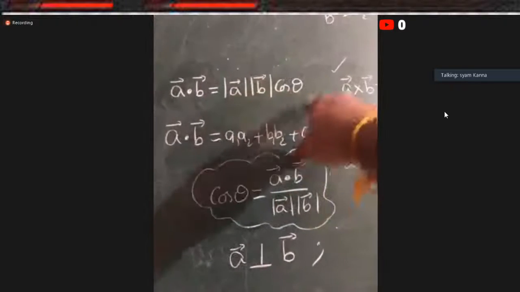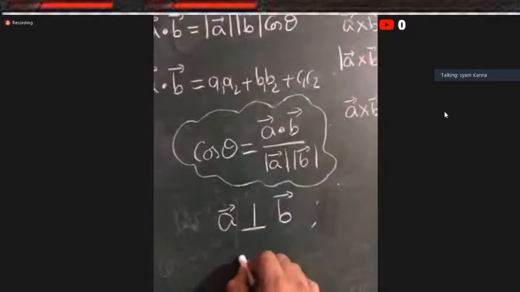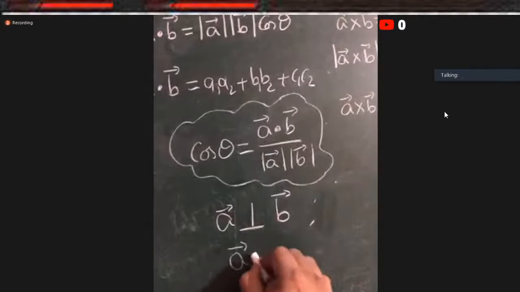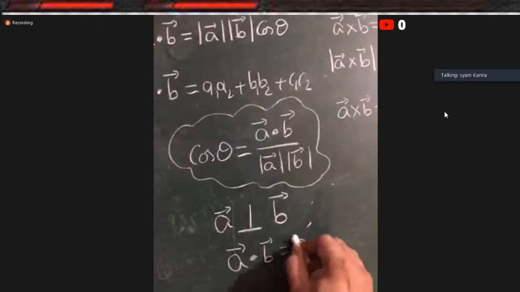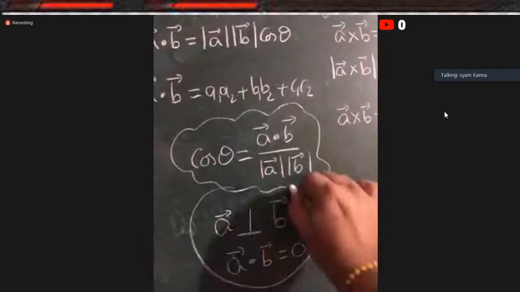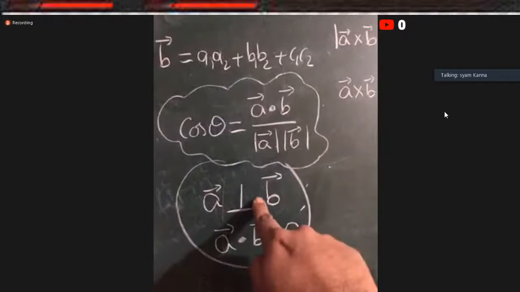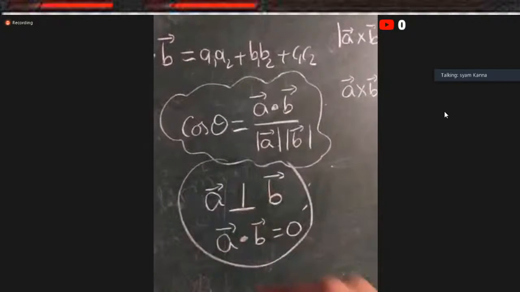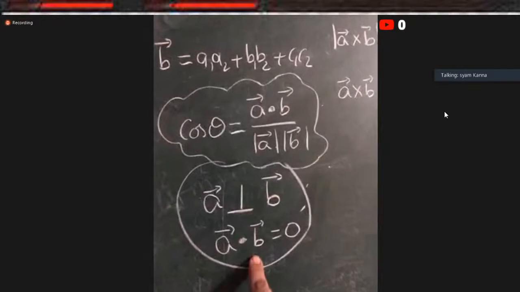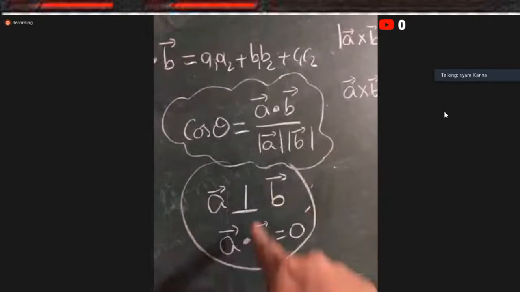Therefore, if A bar is perpendicular to B bar, A bar dot B bar will become 0. Don't forget that. Whenever dot product becomes 0, you can say that they are perpendicular. If they are perpendicular, dot product is 0. Both ways. If dot product is 0, we can say that they are perpendicular.